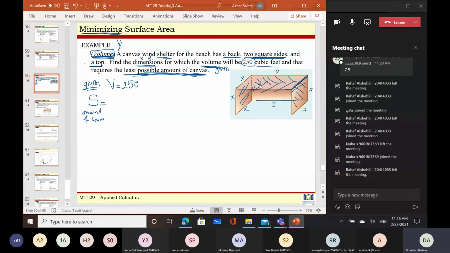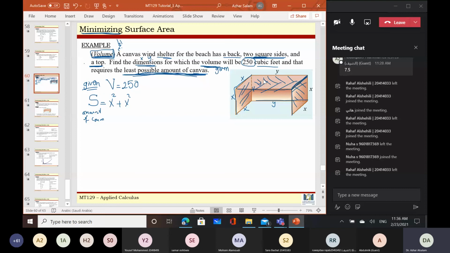The surface area: to find the area of this shelter, I will just add the area of each side. Okay? To find the surface area of this shelter I will just add the area of each given surface. The first side, which is here x multiplied by x, so it will be x squared. The second one is also x multiplied by x, this side, plus x squared.